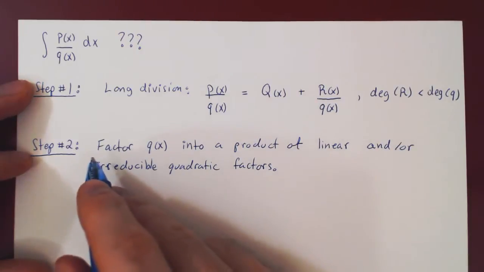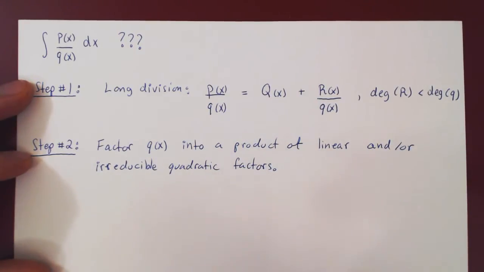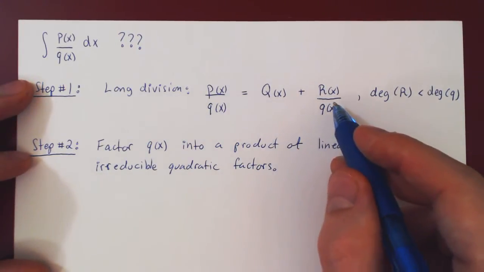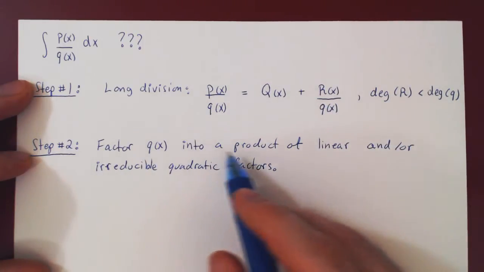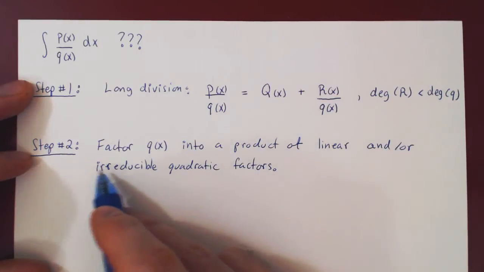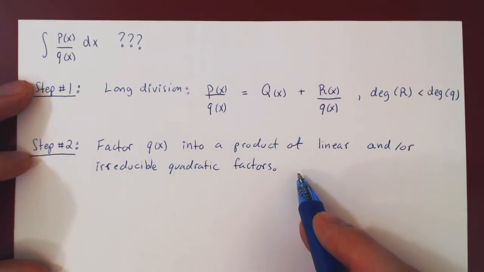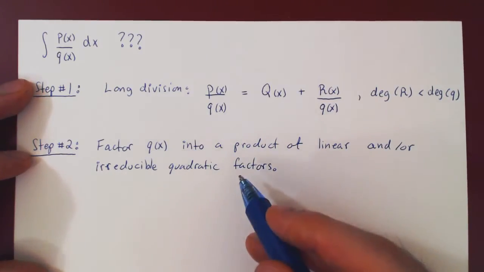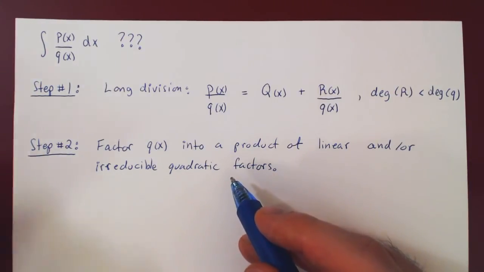Now there is one question you should be asking here, right? What we're saying is we need to factor lowercase q of x into a product of either linear and or, there could be both, irreducible quadratic factors. So the question you should ask is, well, is this always possible?